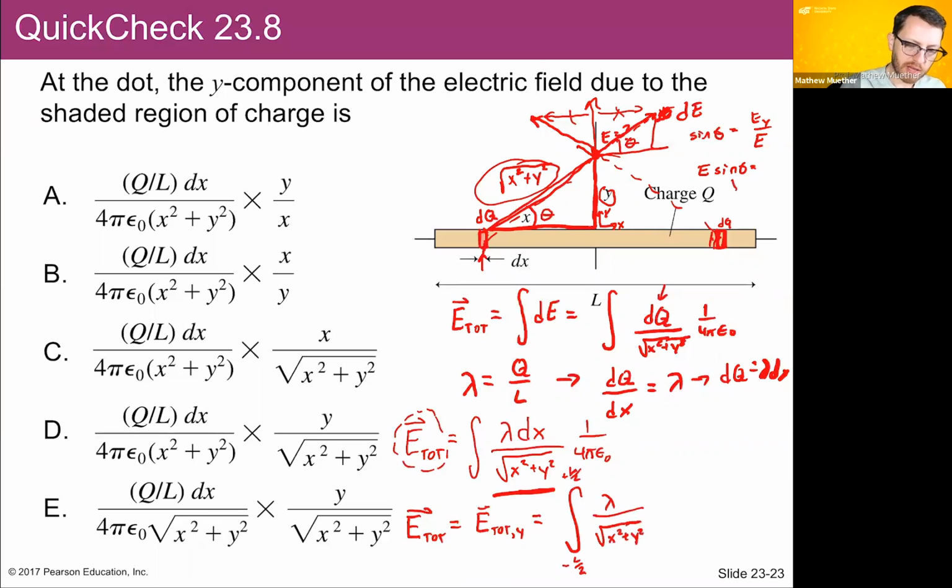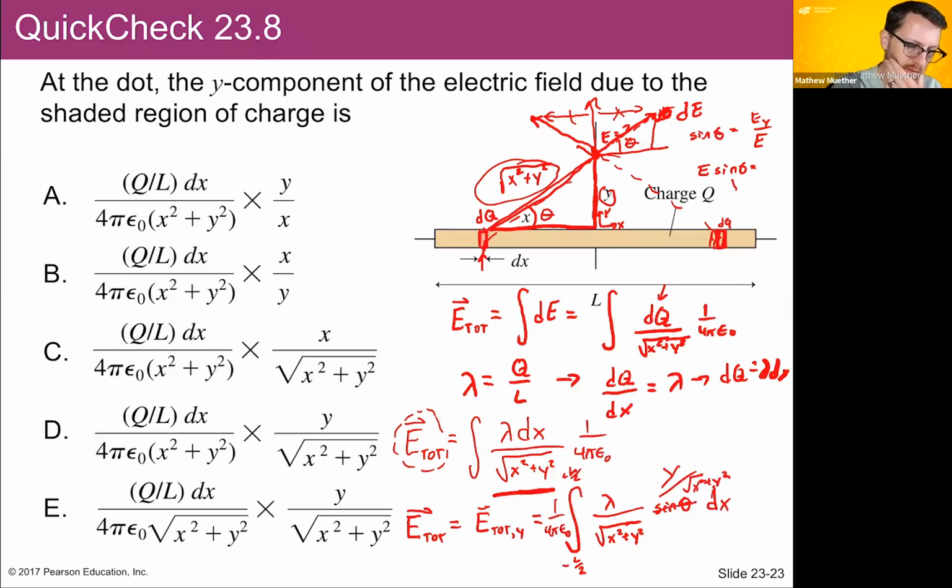And then I'm going to multiply this by sine of theta dx. And then I have my physical constants, I can just pull those out front here. This sine term we just wrote down is going to be y over square root of x squared plus y squared. And that's the integral I have to calculate, that big messy integral here.